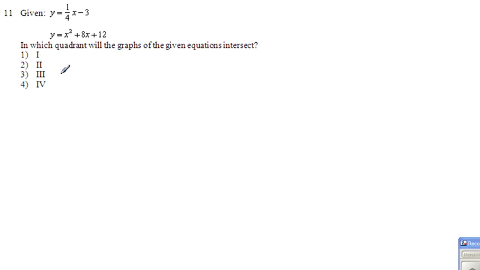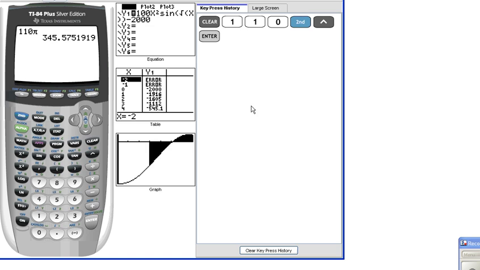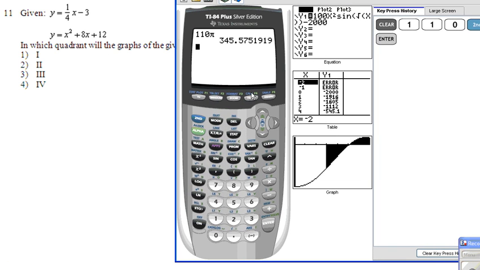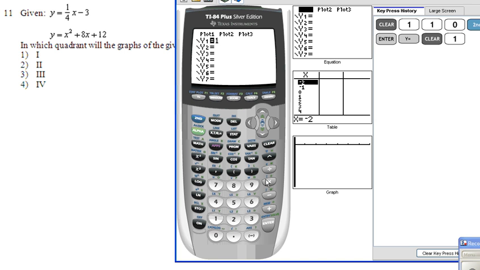All right, here we have, in which quadrant will the graphs of the given equations intersect? So the first thing is we just have to graph them and see what happens. All right, so y equals 1/4 x minus 3. That's the first one.